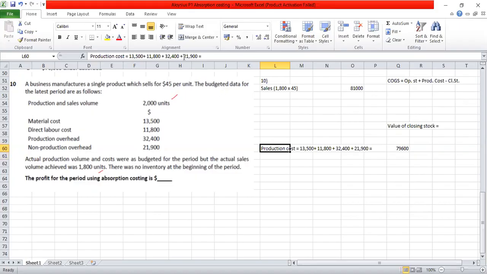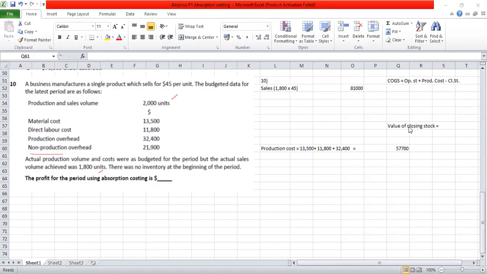This doesn't have 20. That is non-production. Nobody is telling me. That's non-production, no? So production cost is 57,700. Production, this is non-production. Please look at it. Anyone following me? No response from your side. This is non-production, non-manufacturing.